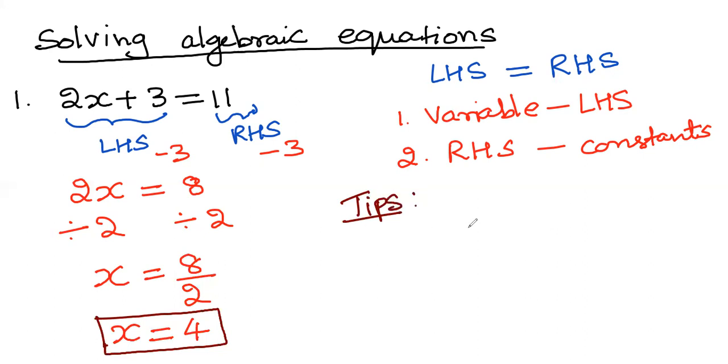Always, when we have addition and it goes to the other side, it will become subtraction. Across the equal to sign, addition becomes subtraction, and subtraction will become addition.